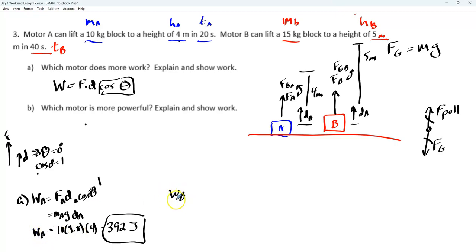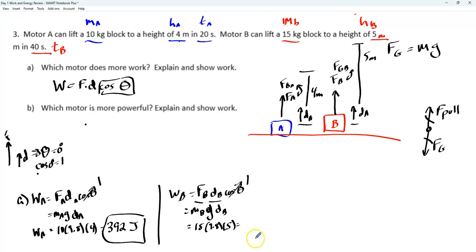The work for B, similarly, is going to be the force of B times the distance of B, times the cosine of the angle between the displacement and the force. Again, that's going to be 1 because they're both pointing the same direction. So it's m_B times g times the distance that B travels. That would be 15 times 9.8 times 5.